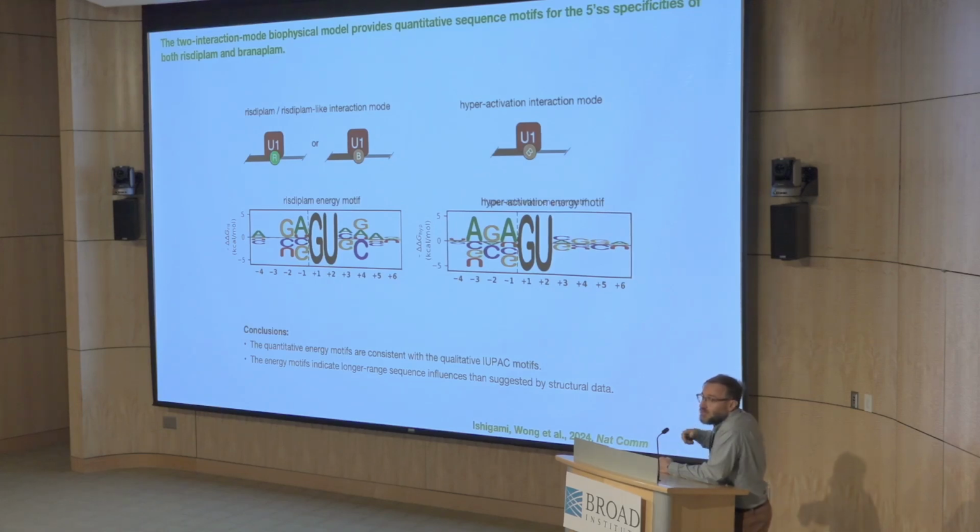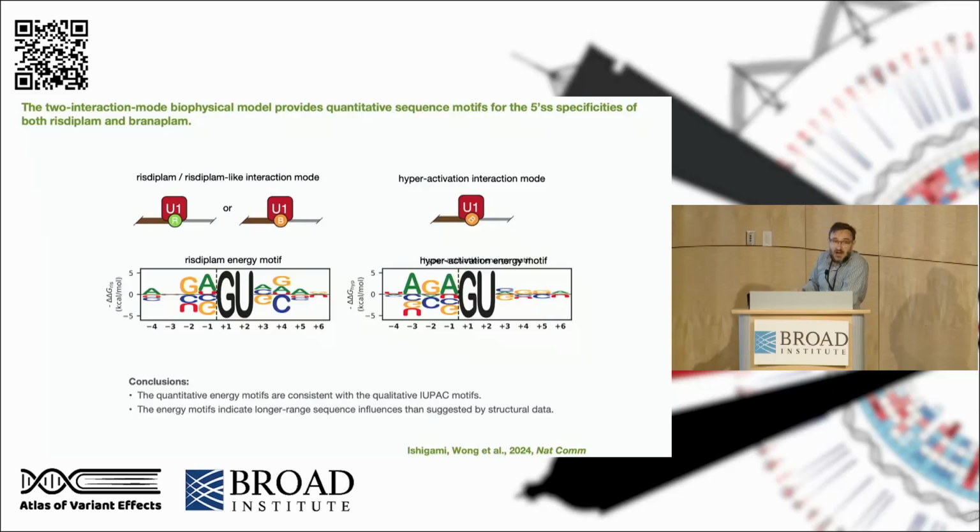So in order to formalize this hypothesis, we developed a quantitative biophysical model that describes the thermodynamic binding of the drugs risdiplam in one interaction mode with the 5' splice site U1 complex and branaplam in two different interaction modes.